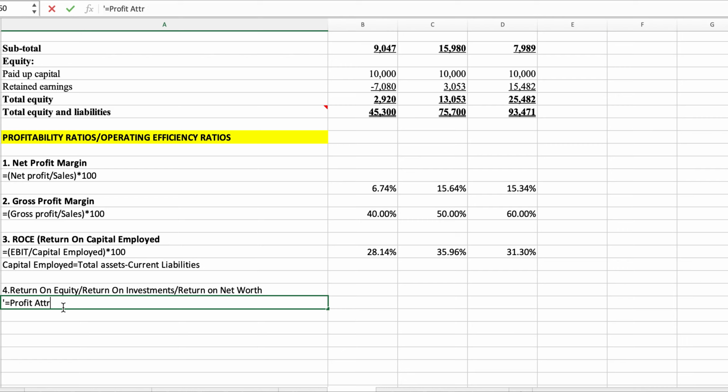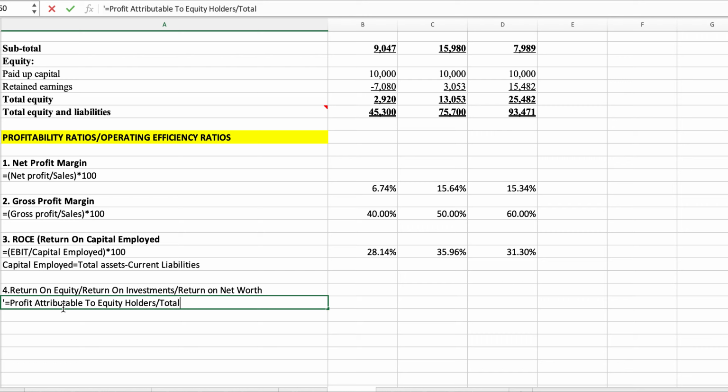These are the ordinary shareholders. You divide by what? Total equity.